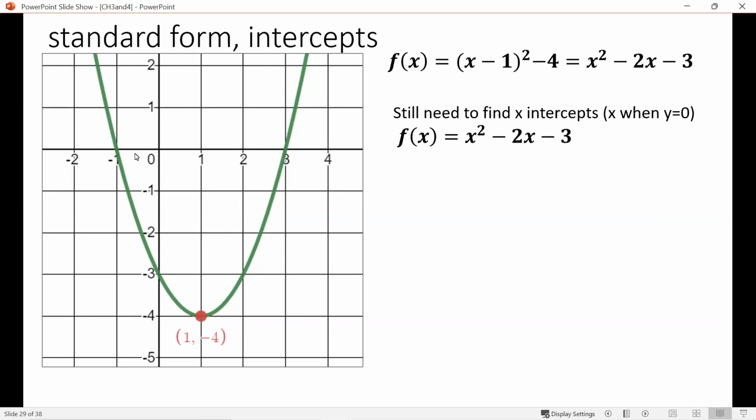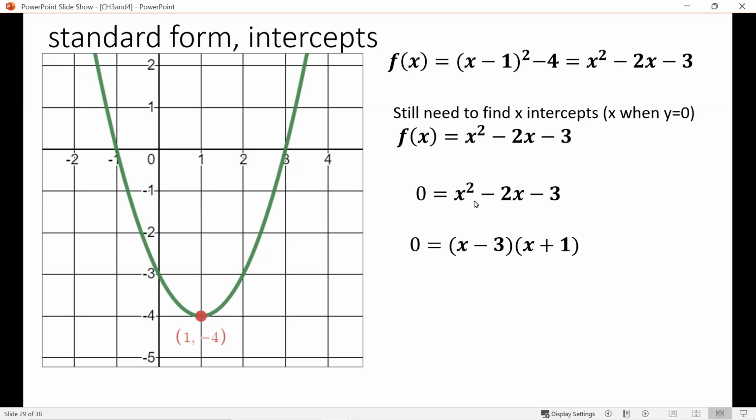But now we might also want to find our x and y intercepts. Usually we just care about our x-intercepts, because that is where our output is equal to 0. If we want to find our x-intercepts, that's just when y equals 0. So we set y equal to 0 and solve our equation.